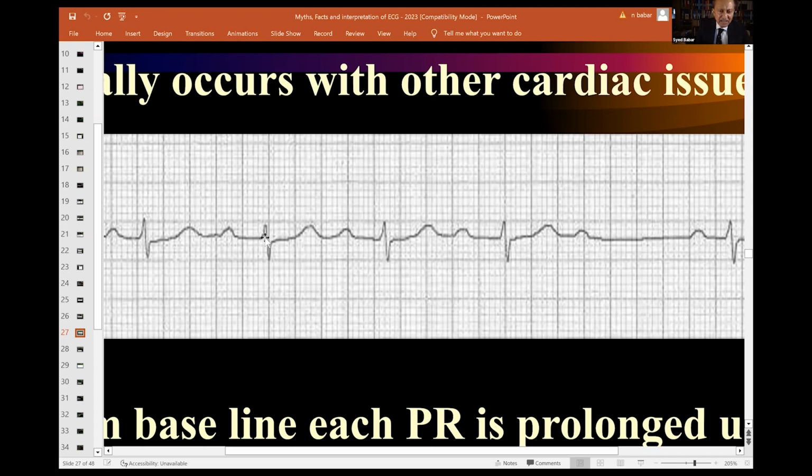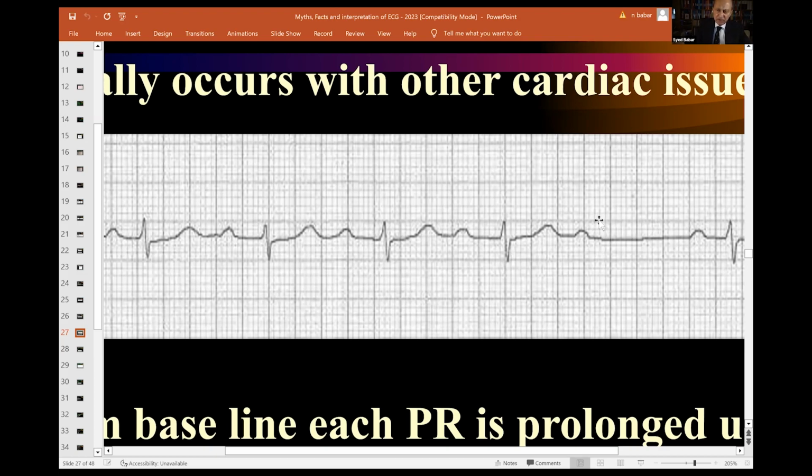And then the next one is again slightly more PR interval. And then again, there is a third one, which also is even more prolonged. So it is 0.36 seconds, followed by a QRS complex. And then there is a compensatory pause.